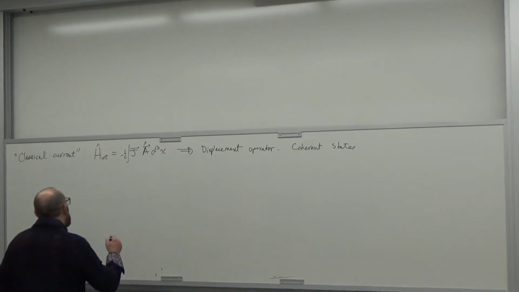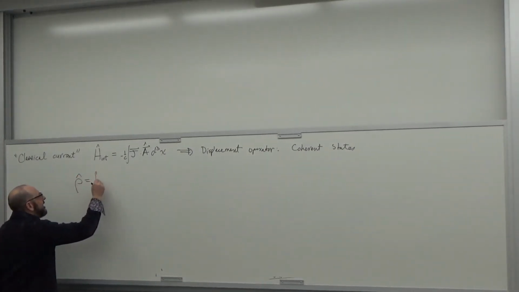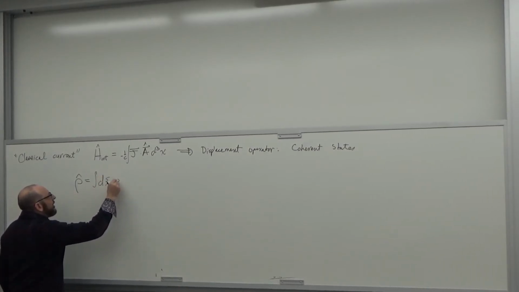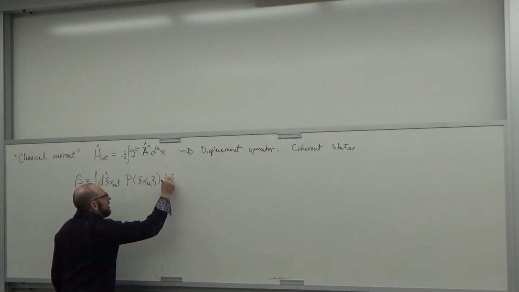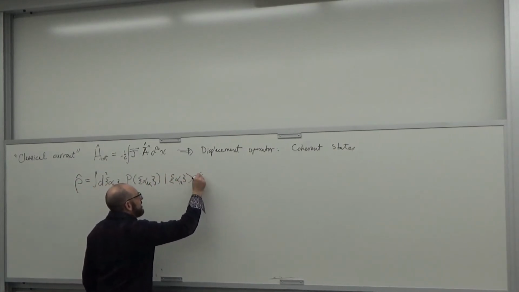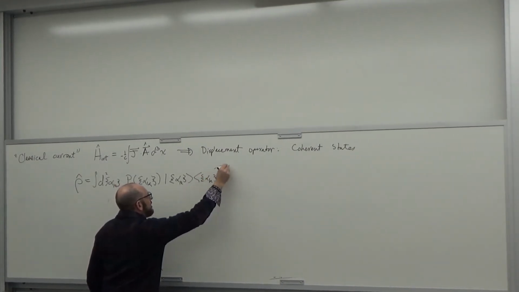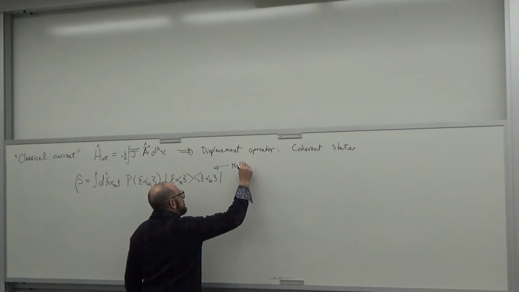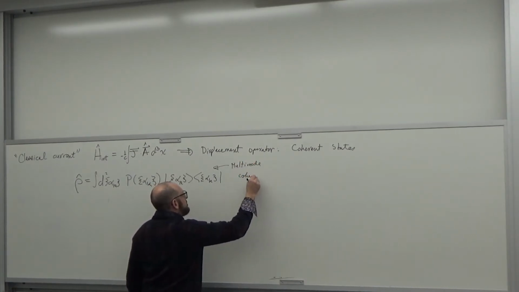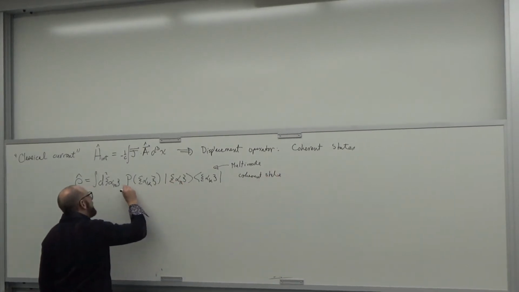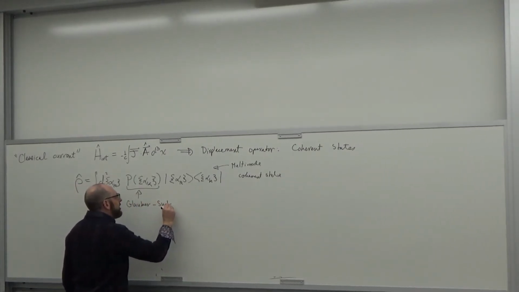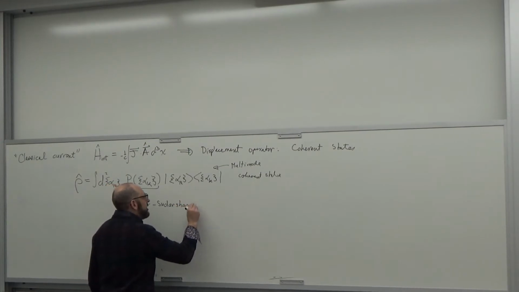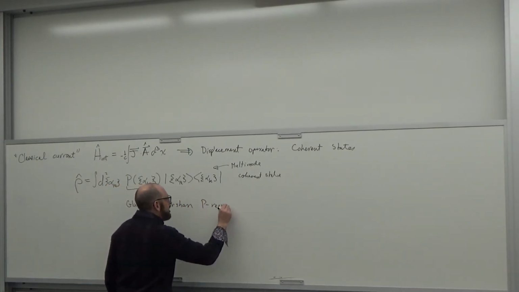Okay? So if the state is a, I might have a multimode coherent state, if it's a statistical mixture of coherent states, where this, as we've discussed, and we'll get into this more soon, is the so-called Glauber-Sudarshan P representation.